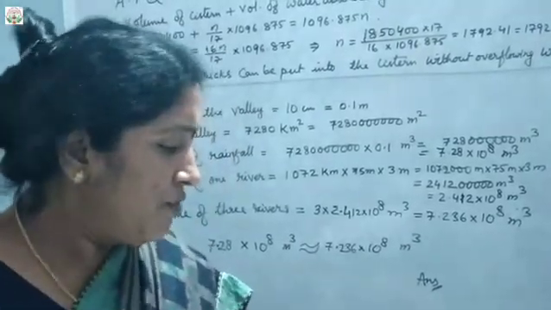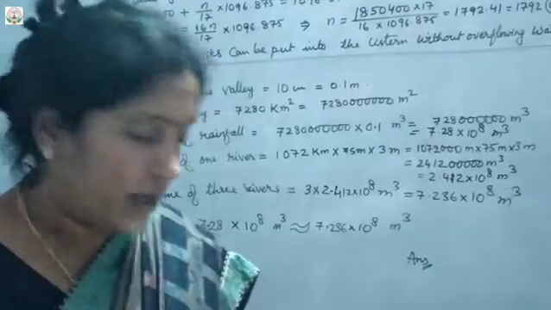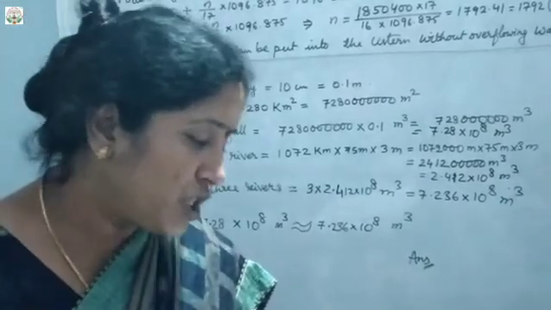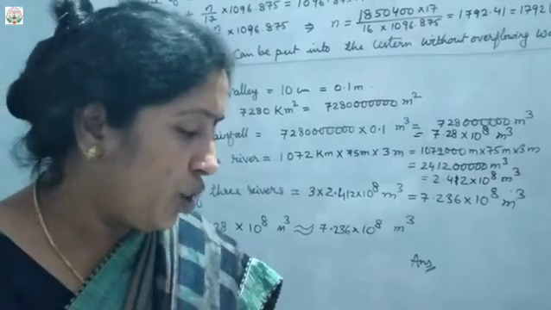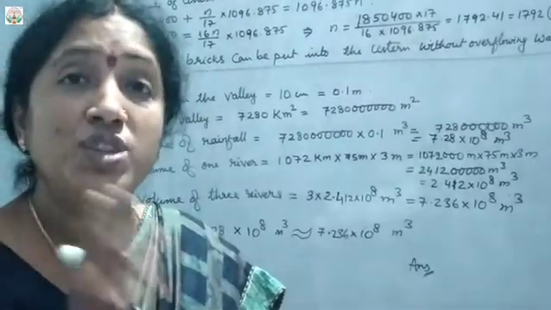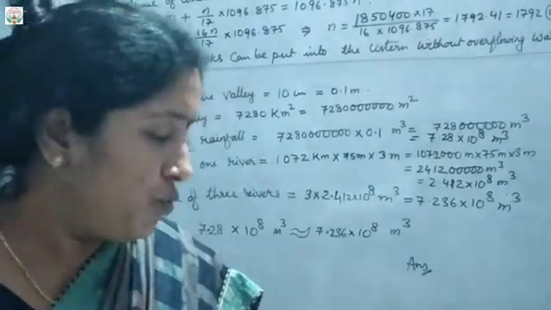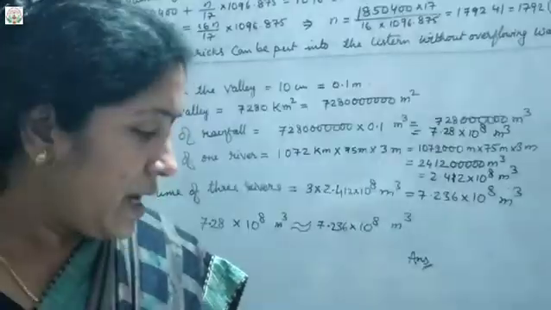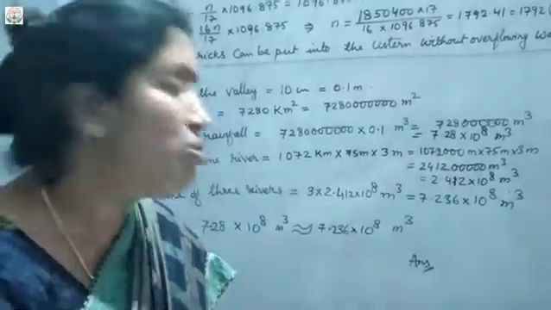If the area of the valley is 7,280 kilometers square, show that the rainfall was approximately equivalent to the addition to the normal water of 3 rivers, each 1072 kilometer long, 75 meter wide and 3 meter deep. Okay, now let us see the solution.